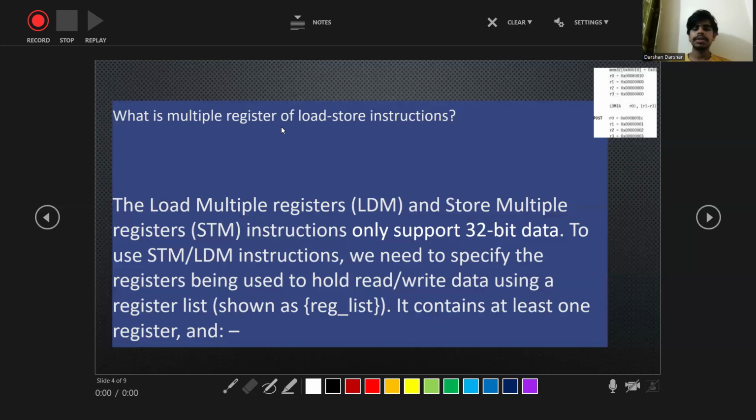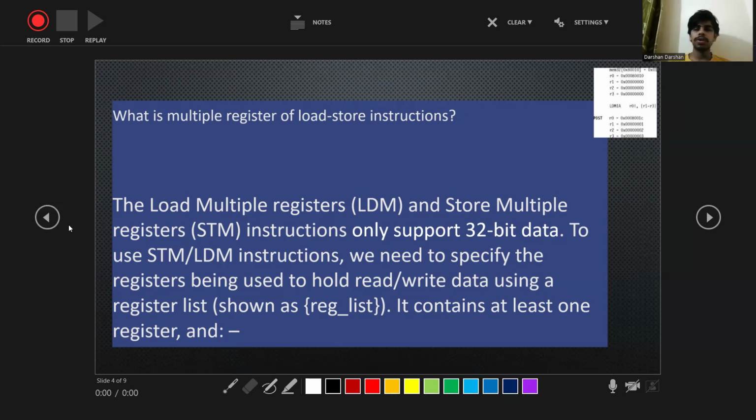As you can see here in the diagram, it contains at least one register and one icon. LDM means load multiple registers and STM means store multiple registers. The instruction only supports 32-bit data, not more than that.